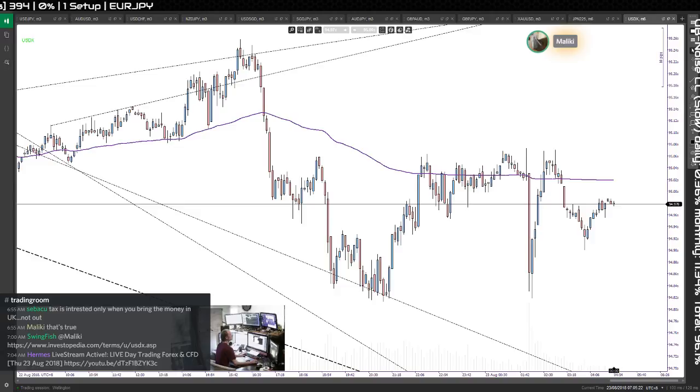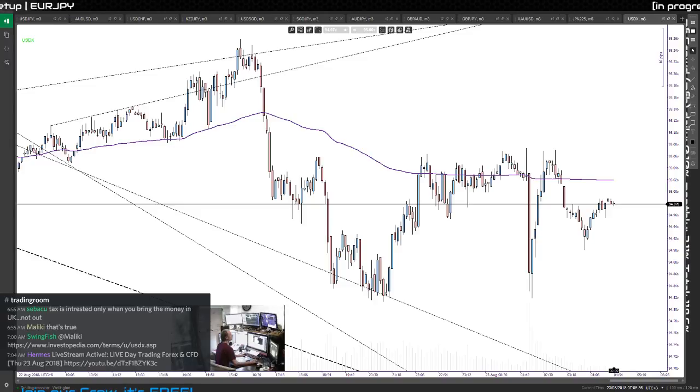Fascinated with trading gold because it fluctuates so much. Yeah, but this is normal.